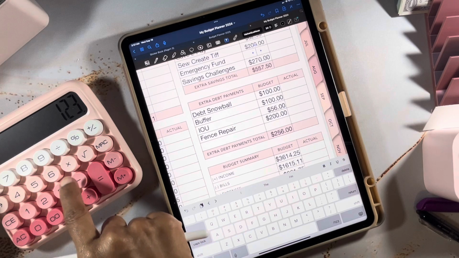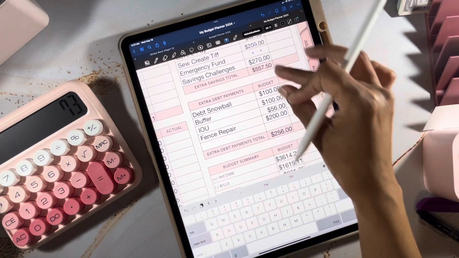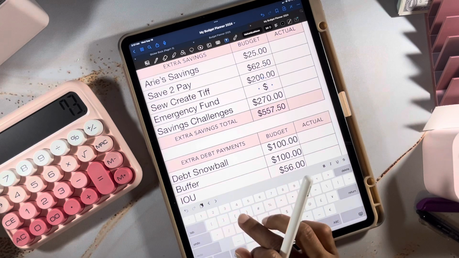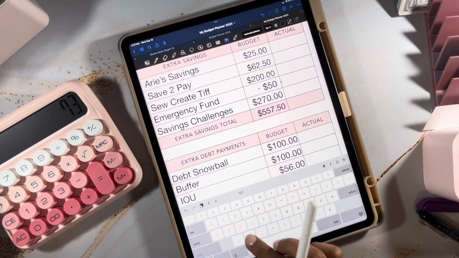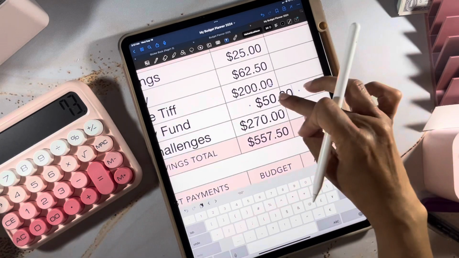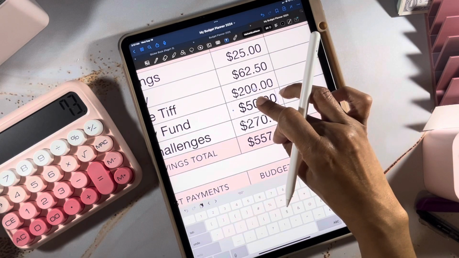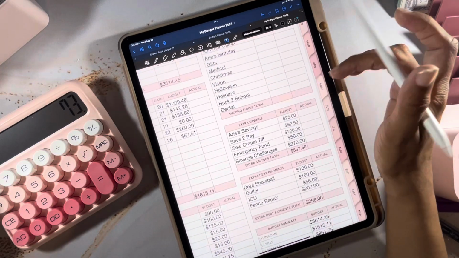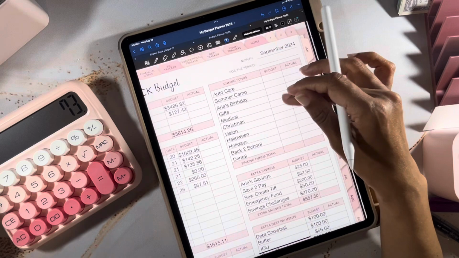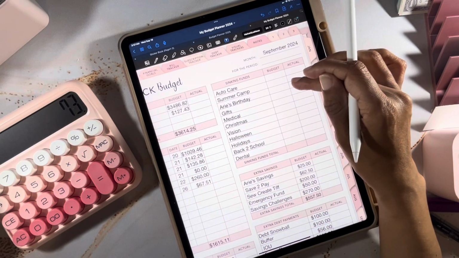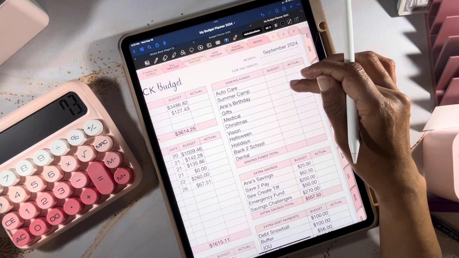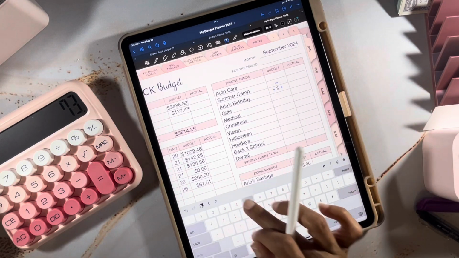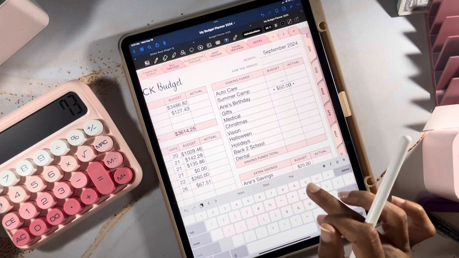I'm going to do minus 50. So I'm going to put $50 into emergency fund. And then I'm going to do $50 here for Ari's birthday, because her birthday is coming up.